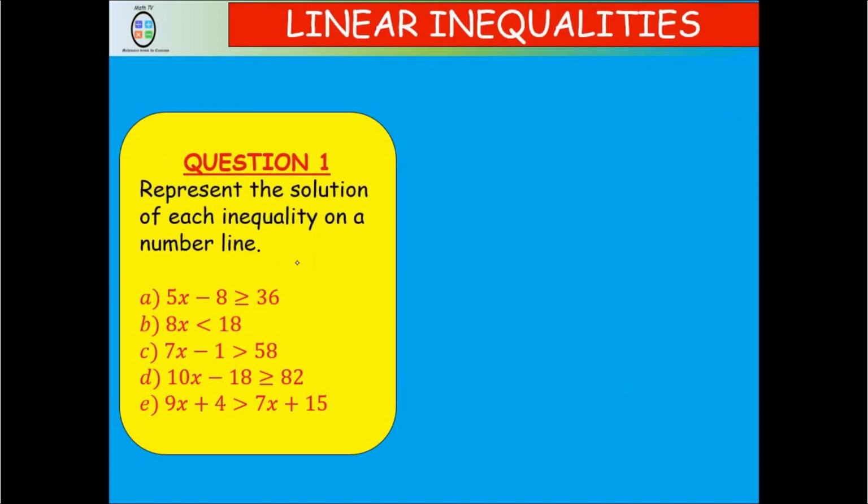Now we need to express our solutions graphically because it says represent the solution of each on a number line. So let's put up our number line. I remember we did part A, and part A was something like x is greater than or equal to 8.8. So let's do our number line.